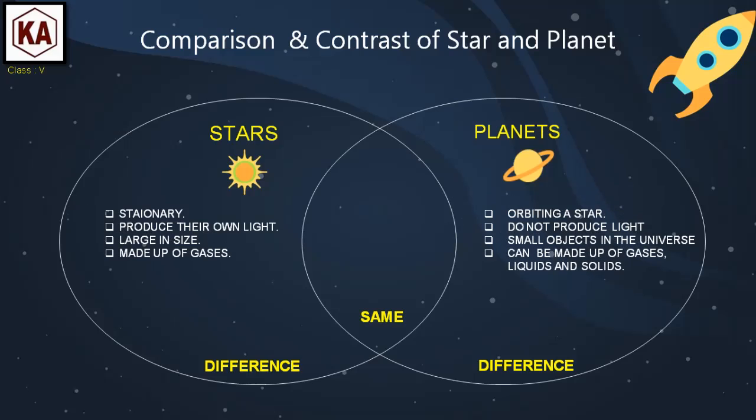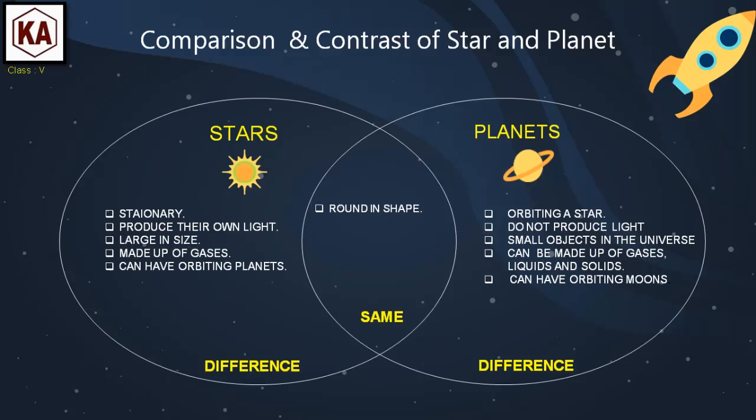Okay? Stars can have orbiting planets. Consider the sun as a star, and the planets revolve around it. Whereas planets can have orbiting moons. Okay?